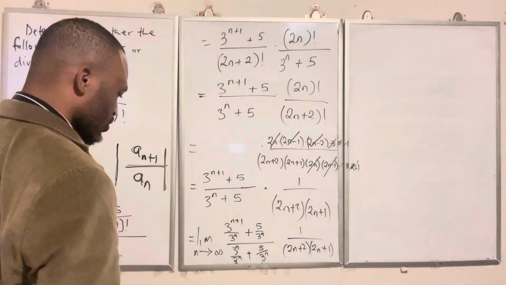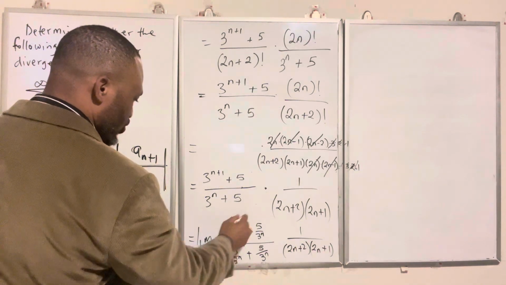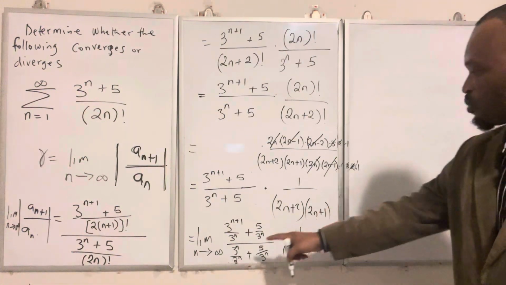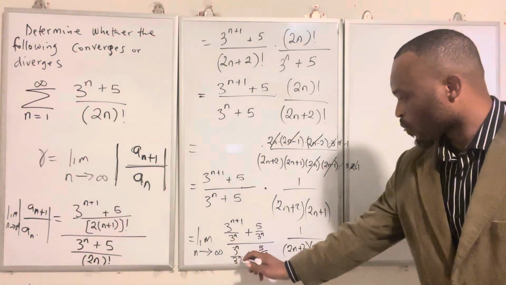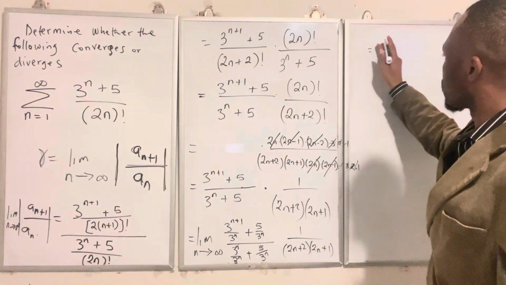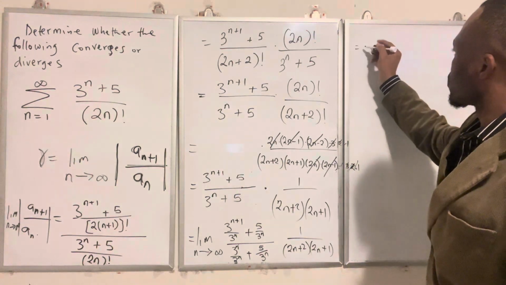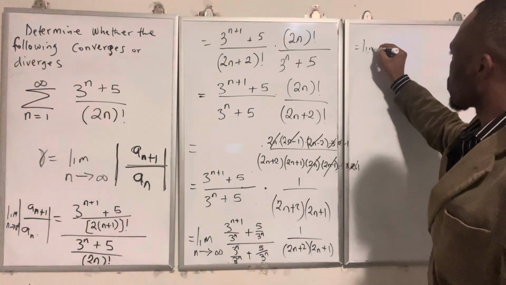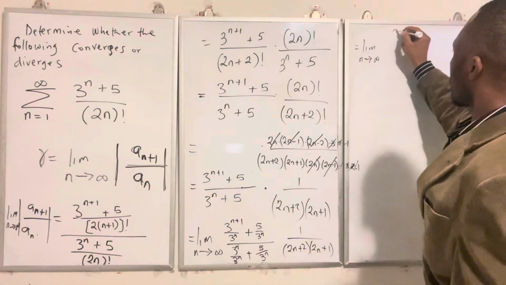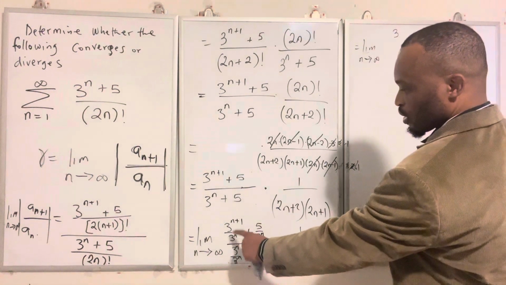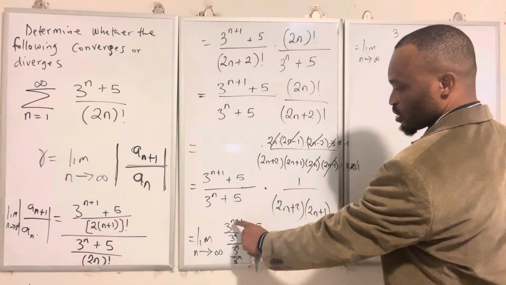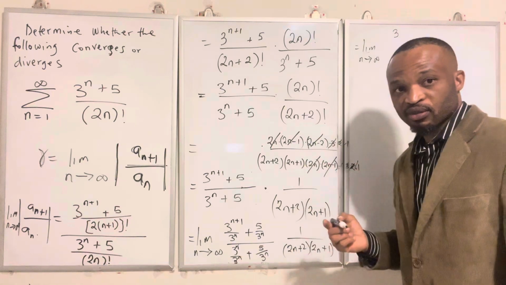Let's evaluate what we have here and then take the limit. The 3 raised to n over 3 raised to n cancels to 1. In the limit as n goes to infinity, 3 raised to the power n plus 1 is as good as saying 3 raised to the power n times 3, by indices.